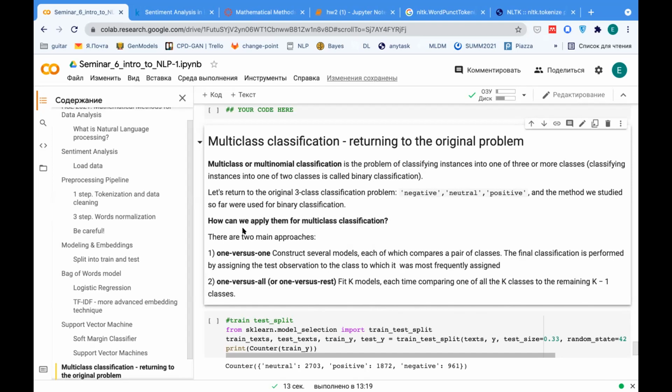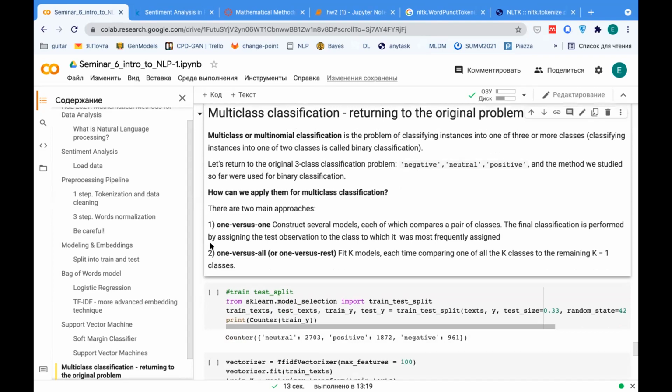So to somehow work with multi-class classification, we can use some technique.